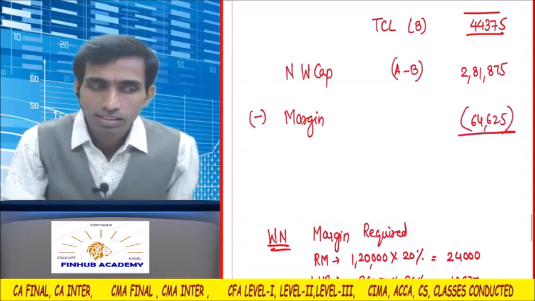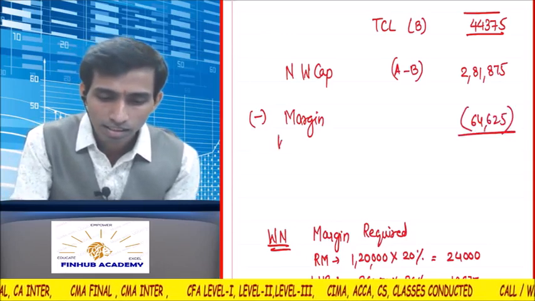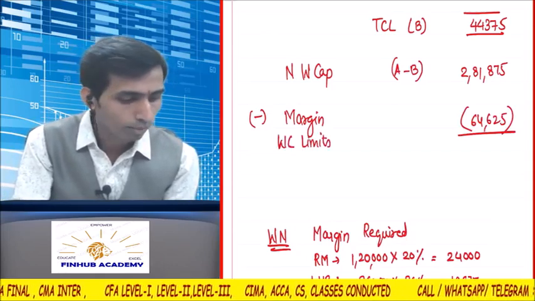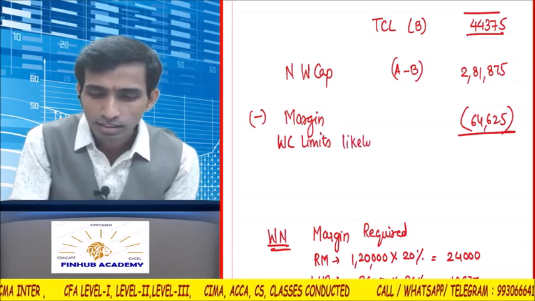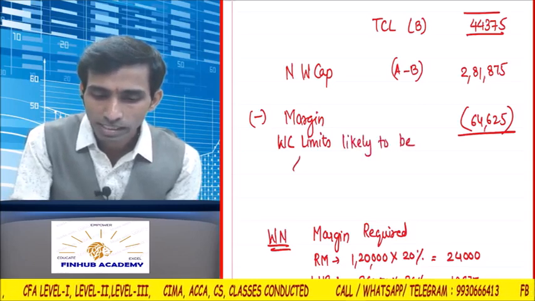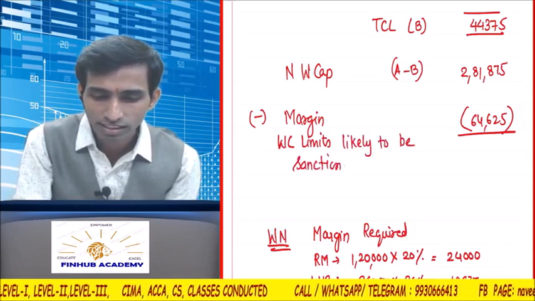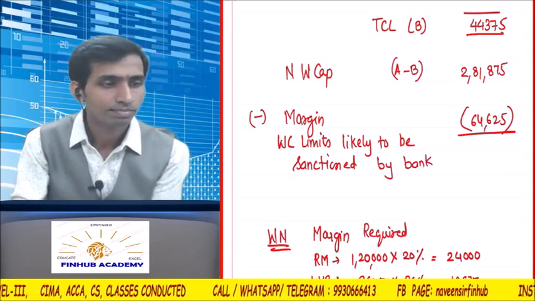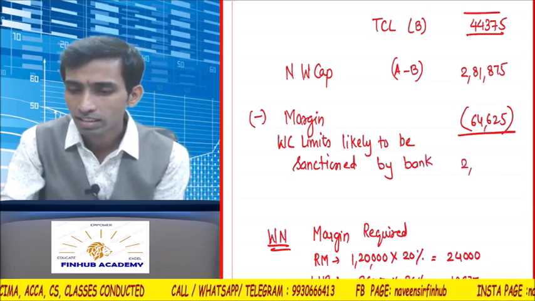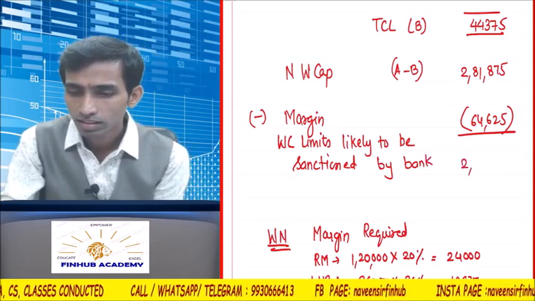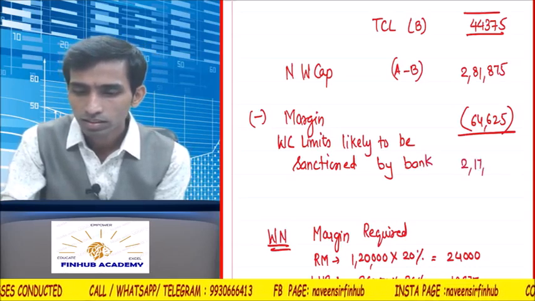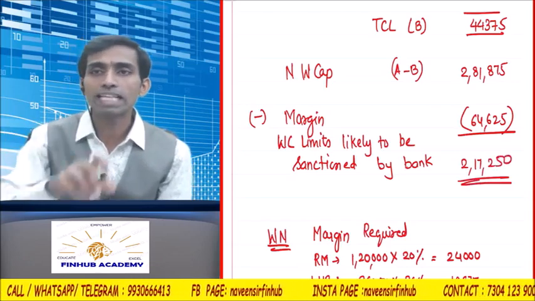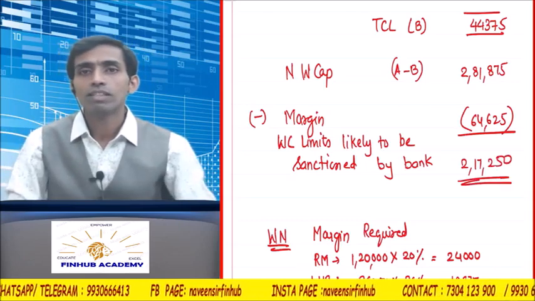So the working capital limit likely to be sanctioned by bank is working capital of 2 lakh 81,875 minus the 64,625 you should have.